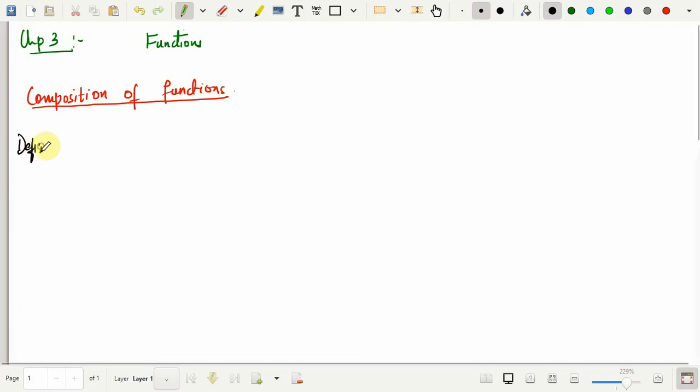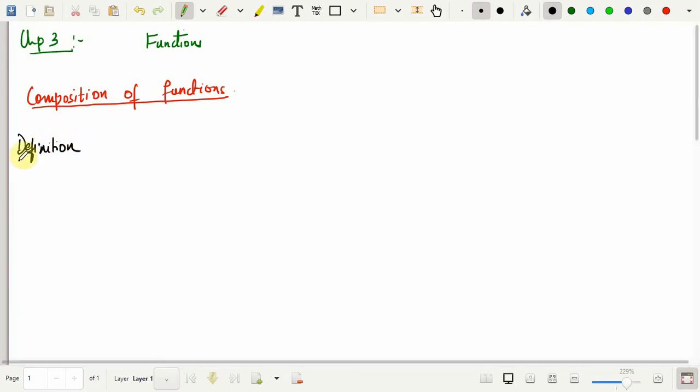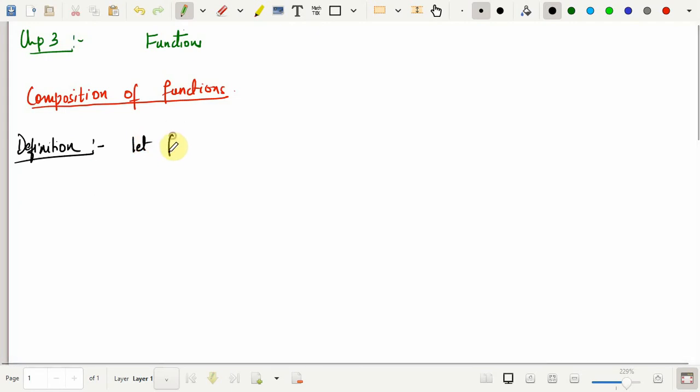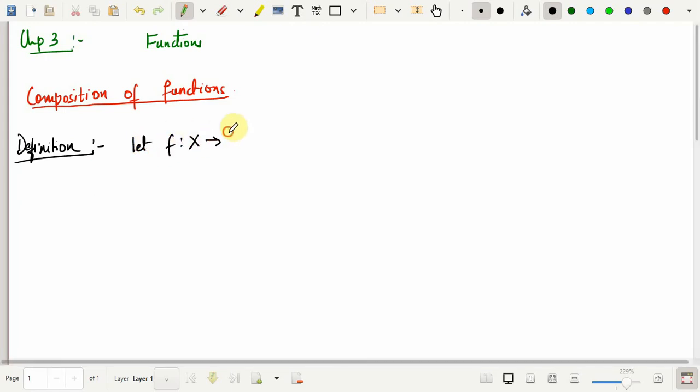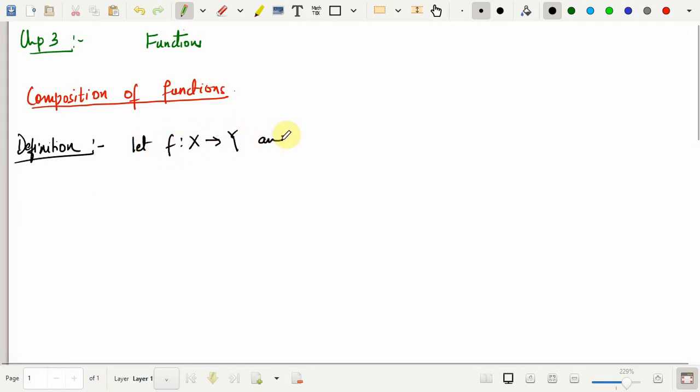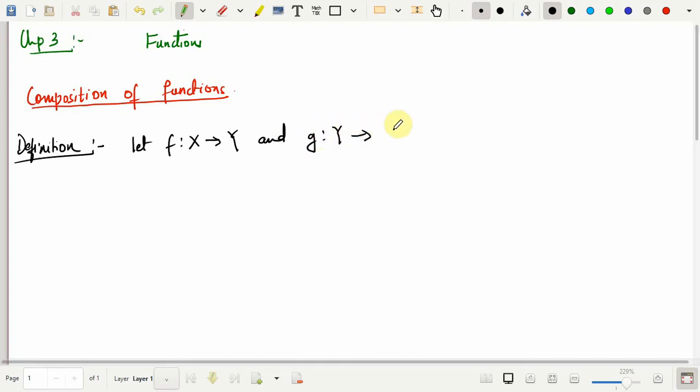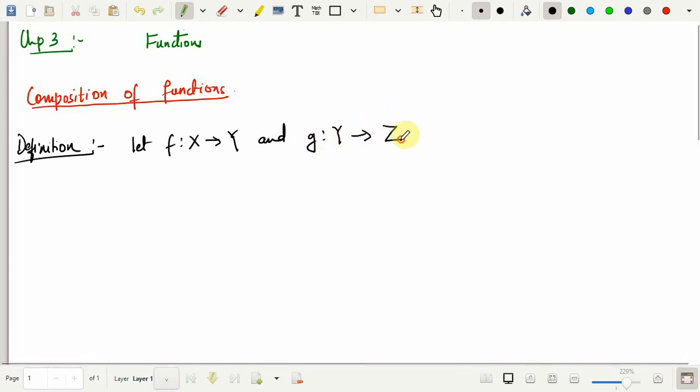Definition: let f from X to Y and g from Y to Z be two functions.